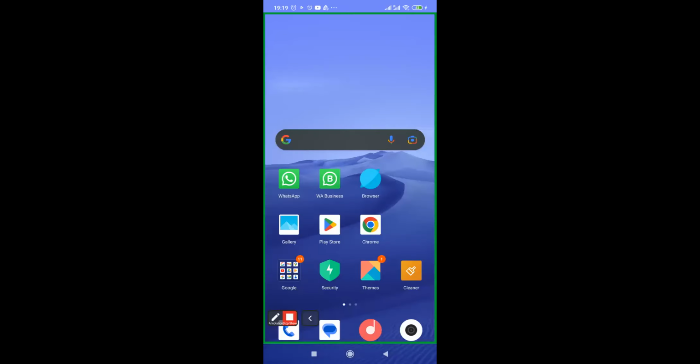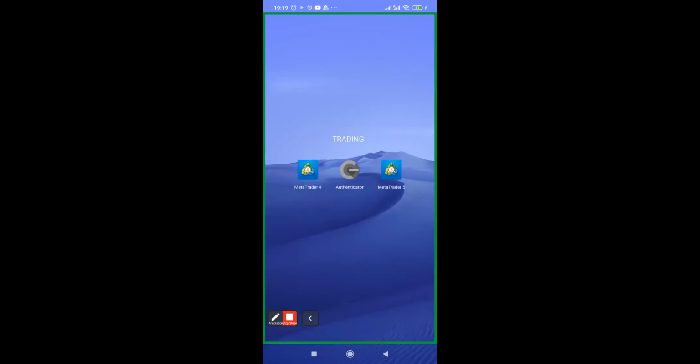You can see my screen, right? So I'm loading up this MT5 account. Let's use this account, for example. So this is an MT5 account.